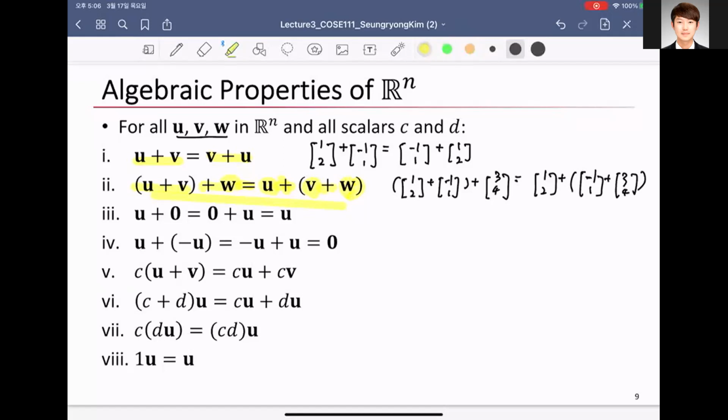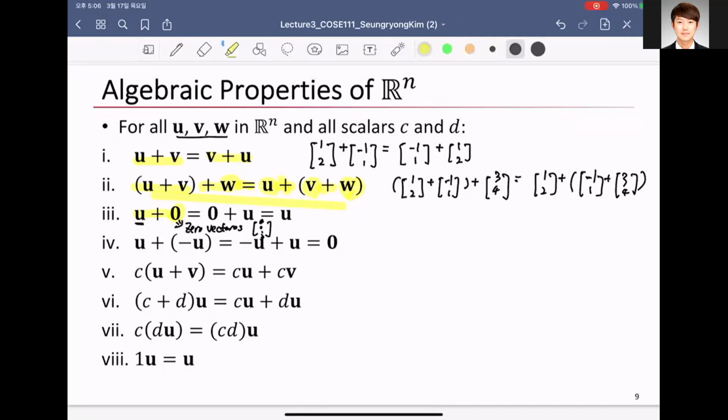Similarly, consider u plus v where v is the zero vector. The zero vector means the vector consisting of zeros, whose size is the same as the size of vector u. So this is the zero vector.